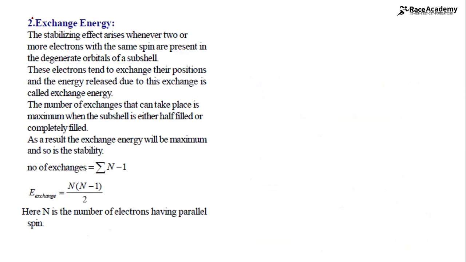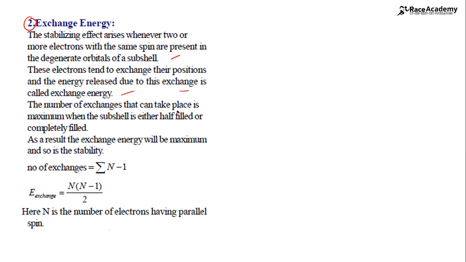What is the second important factor of stability? A stabilizing effect arises whenever two or more electrons with the same spin are present in the degenerate orbitals of a subshell. That is exchange energy: these electrons tend to exchange their positions, and the energy released in the exchange is called exchange energy.